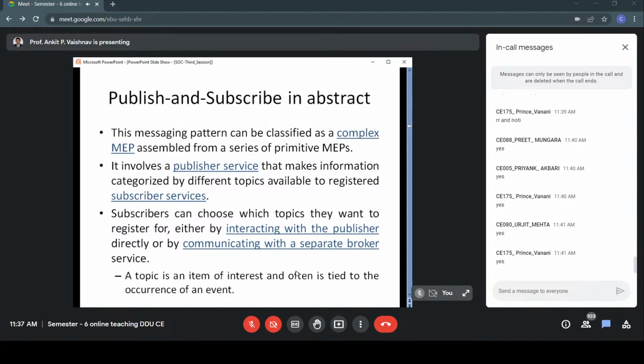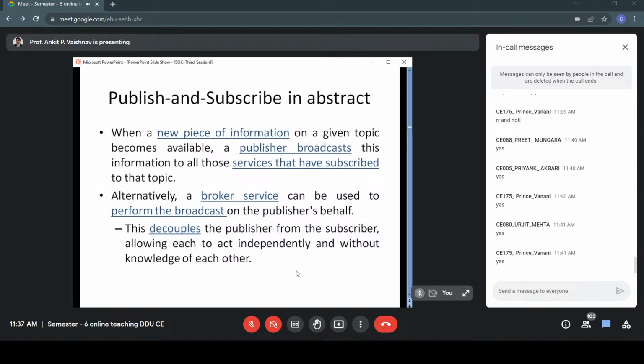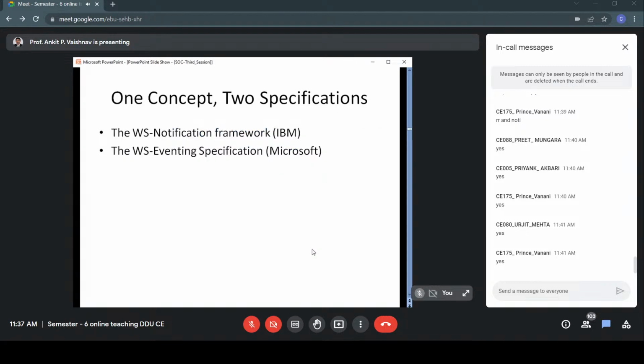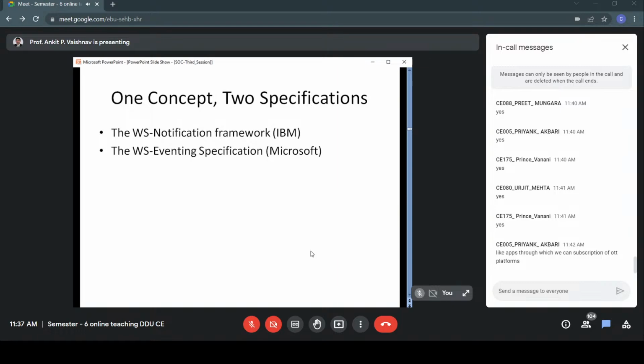Okay. So, as I said, we have two frameworks for that. The first one is known as WS notification, and the second one is known as eventing. Notification was designed by IBM. So IBM wanted that to be proprietary. Another is the WS eventing specification designed by Microsoft themselves.